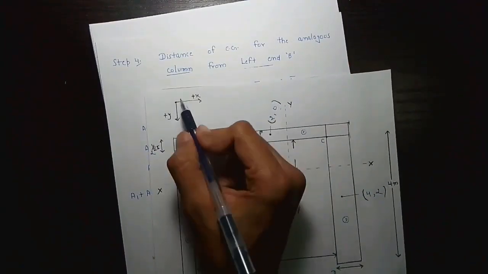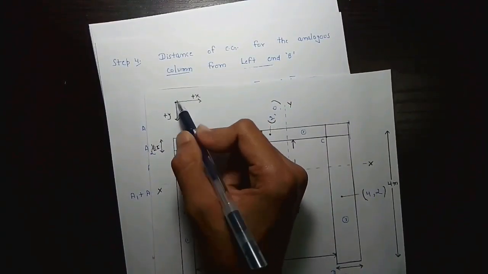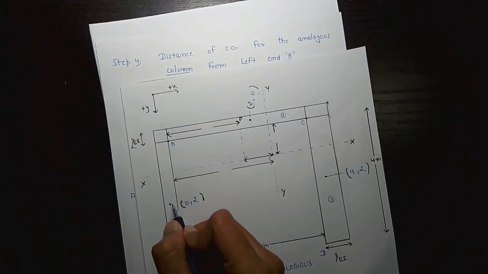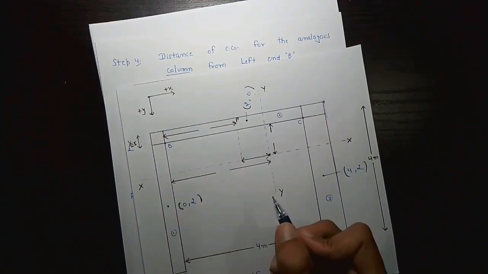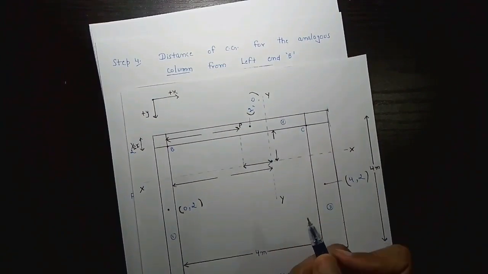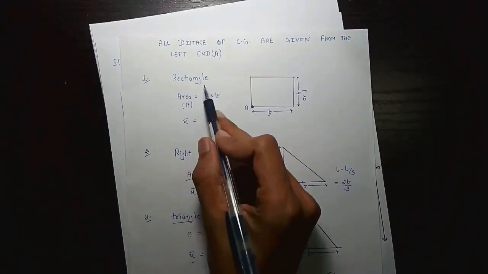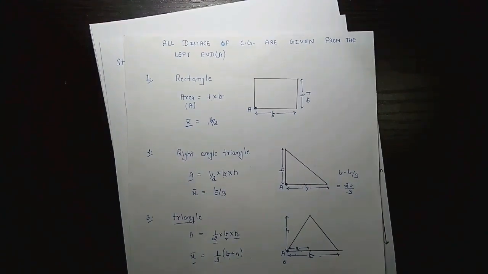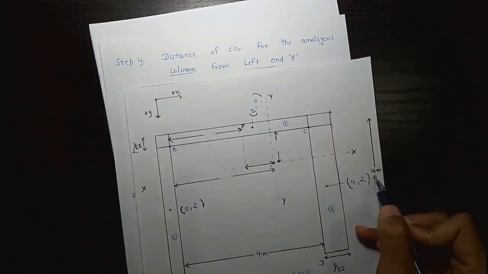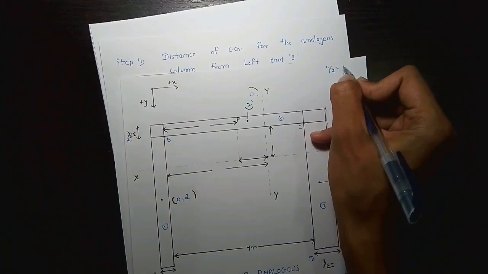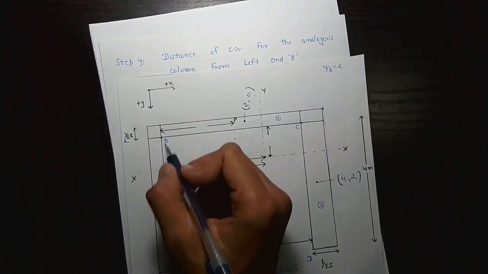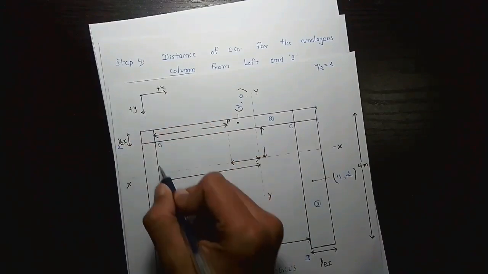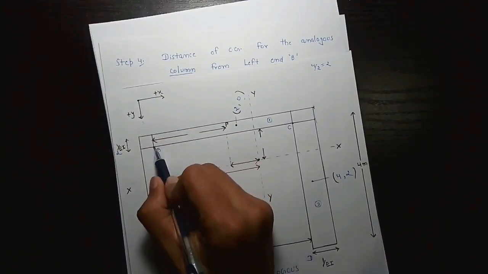taking origin at B, x is positive in the right direction, y is positive in the downward direction. For the CG of a rectangular section, x bar is equal to b by 2, so it will be 4 by 2, equal to 2. The ordinates of section 1 about B will be 0 in x direction and 2 in y direction.